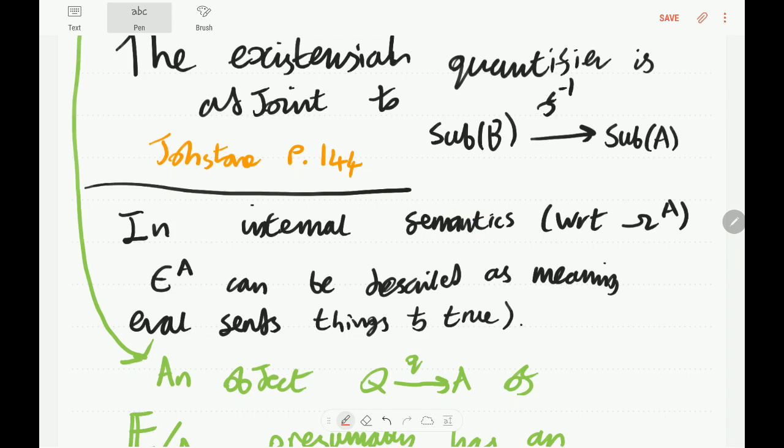Something just briefly to say about internal versus external.